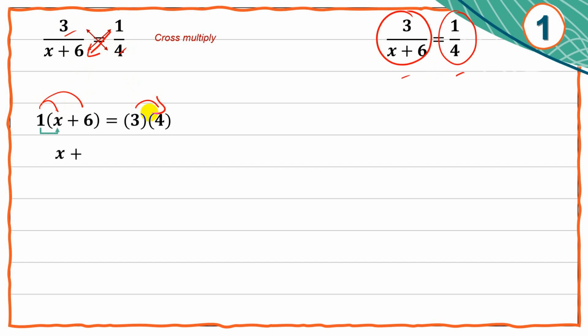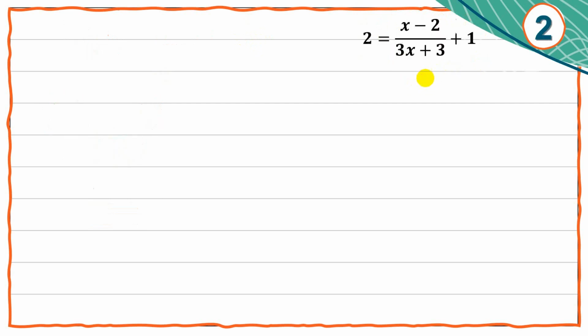So 1 times x is x and 1 times 6 is 6 equals 12. To solve for the value of x here, we need to transpose positive 6 and it will become negative 6. 12 minus 6, x is equal to 6. So that's already our final answer. Just remember, you can only cross multiply if we have single fractions for both sides, just like this. These are examples of single fractions.